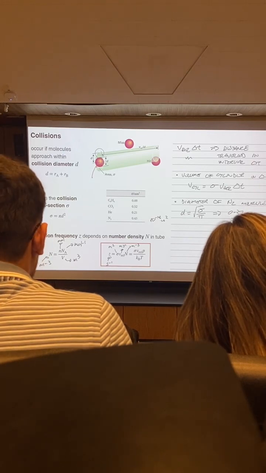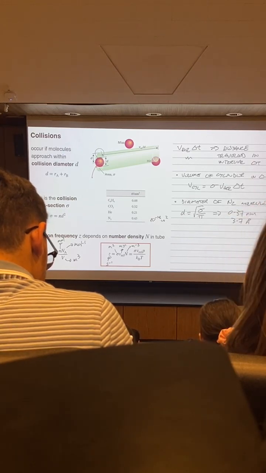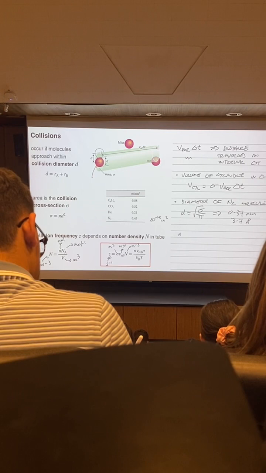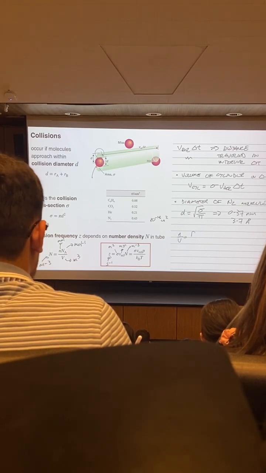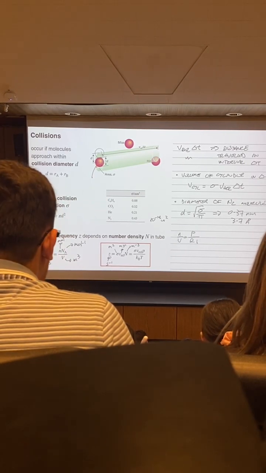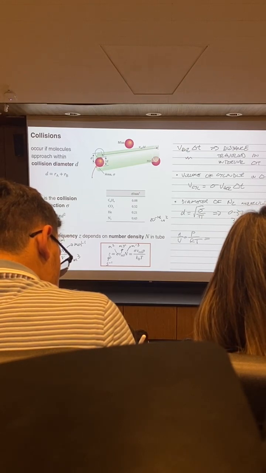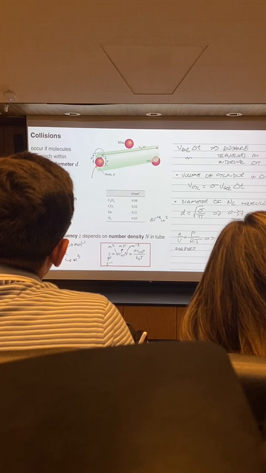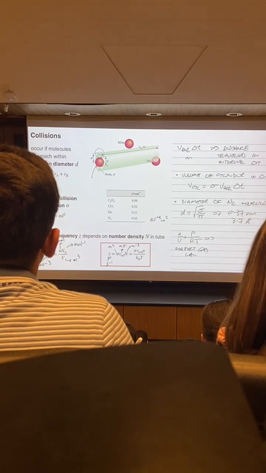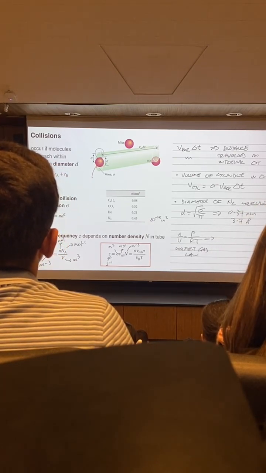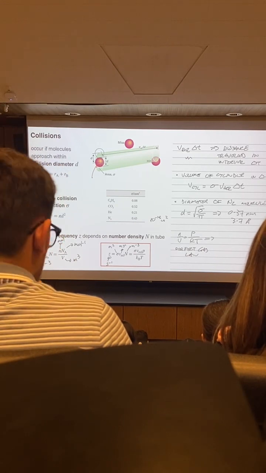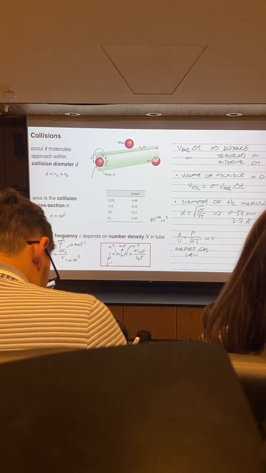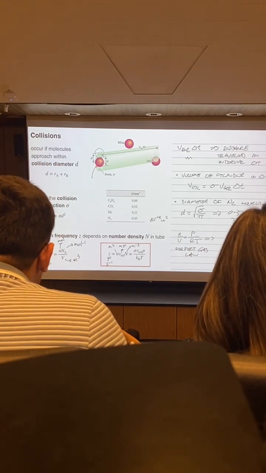We can express the number density using the ideal gas law again. So I know that n over V is equal to P, the pressure, divided by the gas constant multiplied by the temperature. That's in molar units. That's my perfect gas law again. If I want to express this in molecular units, not the number of moles per unit volume, but the number of molecules per unit volume, I multiply both sides by Avogadro's number.